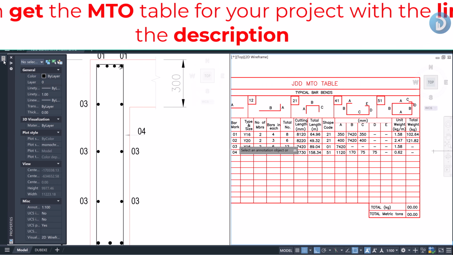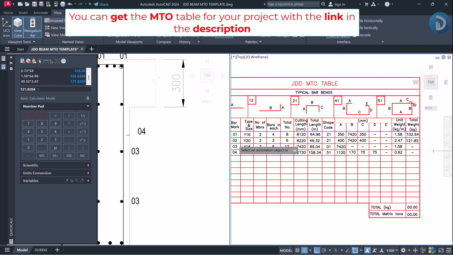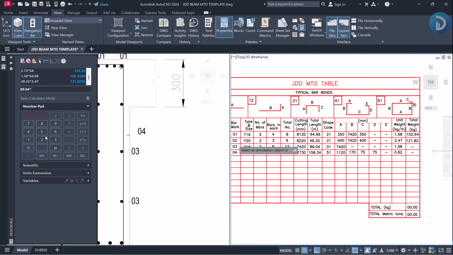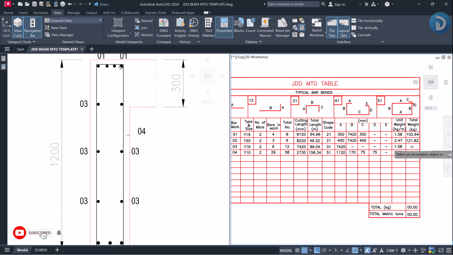So we multiply 89.04 by 1.58. So this is 140.68.